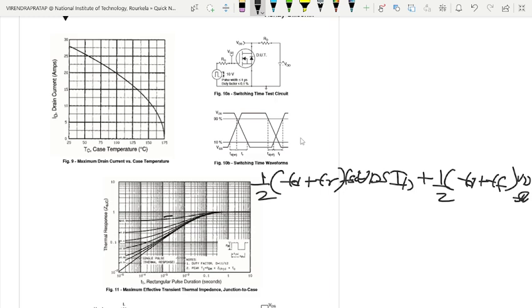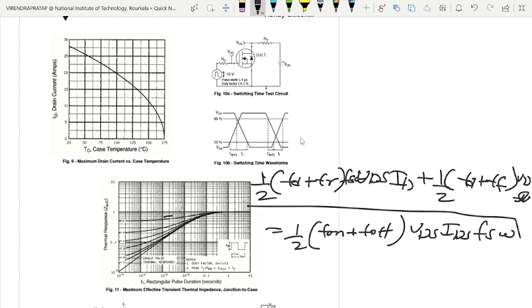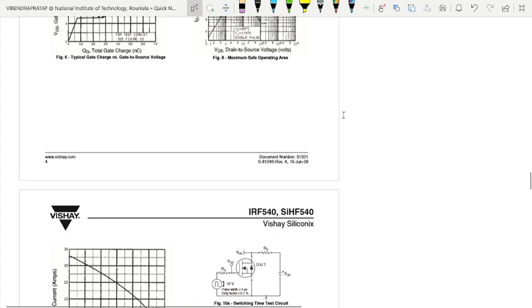Yes, switching frequency. We can directly find 1 by 2, turn-on plus turn-off, VDS, IDS, switching frequency. This is the switching loss. We can see there that delay time and rise time are given in the datasheet.